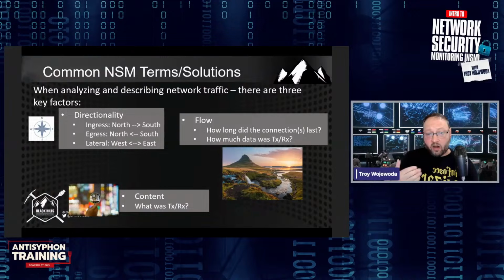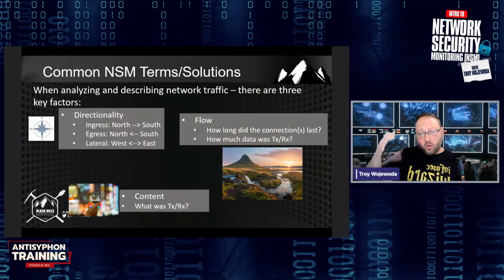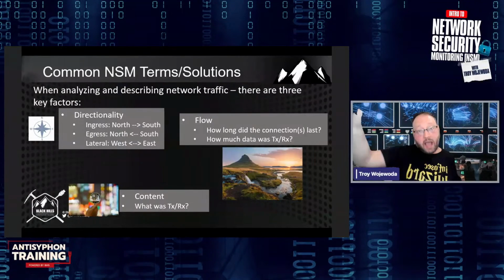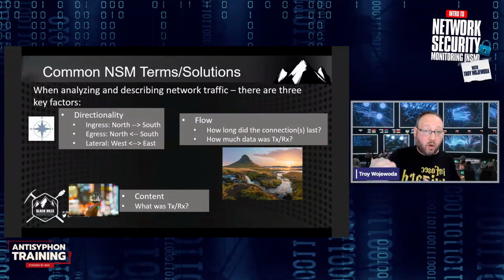So you'll hear north-south traffic, which refers to data either leaving your environment, going out to the internet or some other segment, or coming back down. Going from inside your network out to the internet would be south to north, also known as egress. And the inverse is traffic originating from the internet coming into your environment, which would be ingress. So we describe that as north-south traffic.